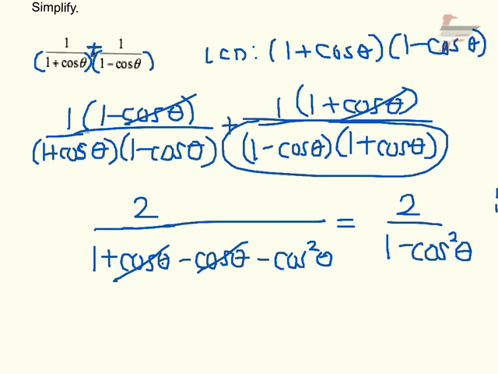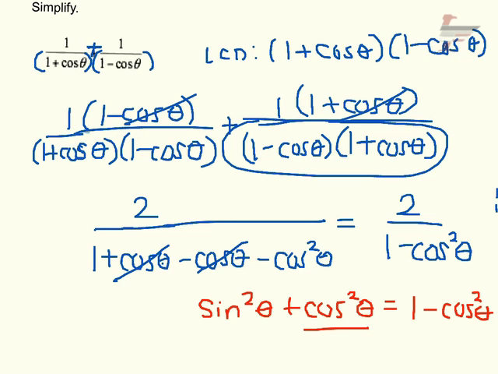And you know that sine squared theta plus cosine squared theta equals 1. So if I take this and subtract it over, I know that this is really just sine squared theta.